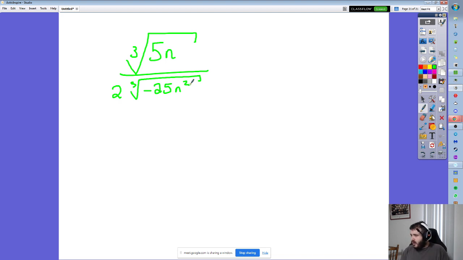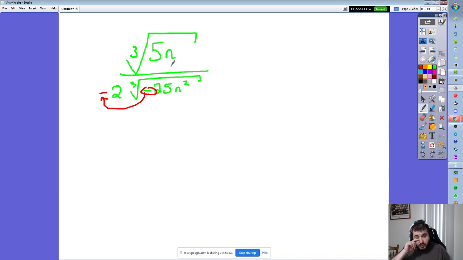Okay, so we talked about this on Monday, but if you've got a situation where there's a negative sign here, and it's an odd power, it's an odd root, bring that negative sign right out. Start off, before you even begin this problem, bring that negative sign right out here because it's a cube root.